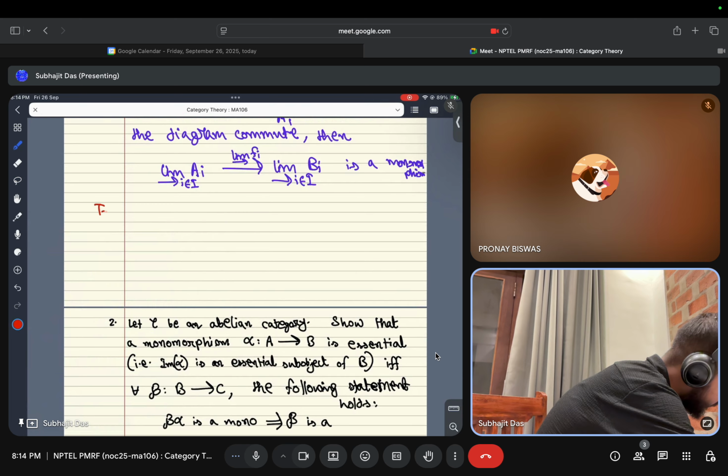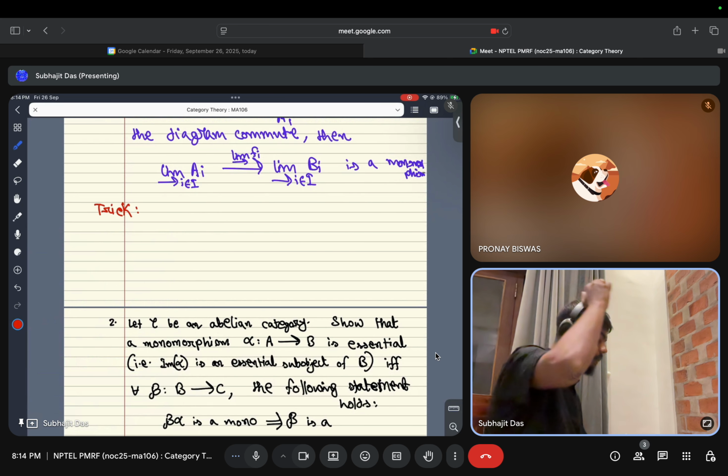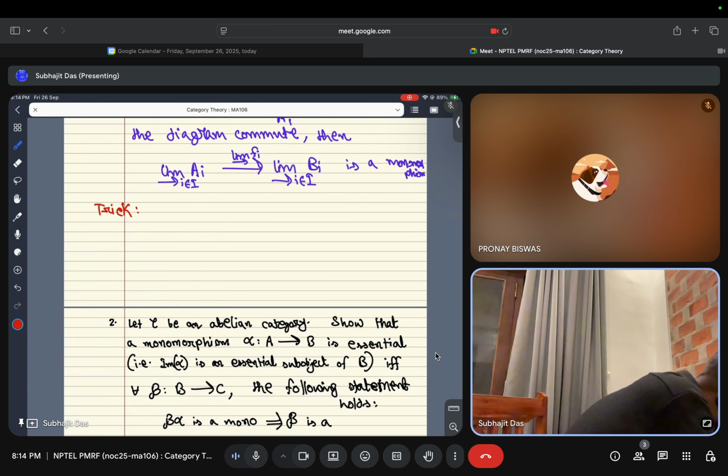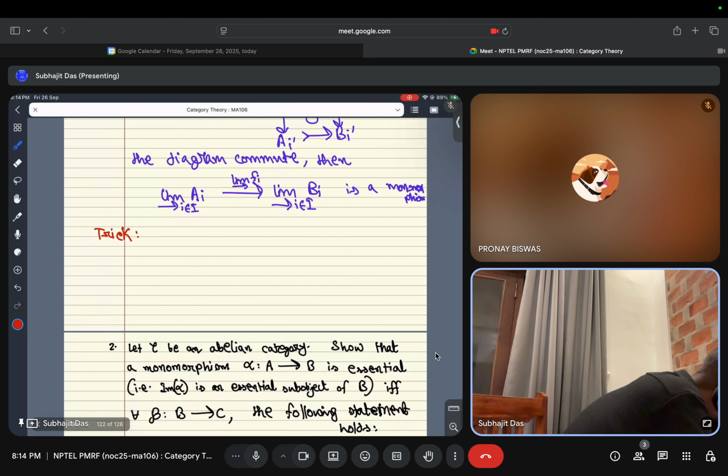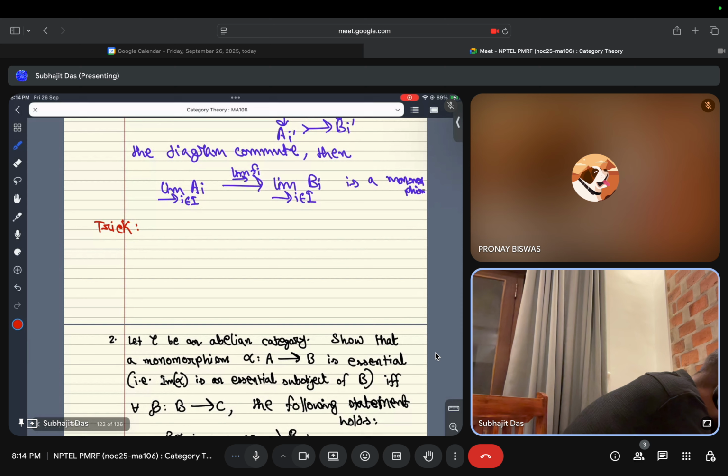So this is our trick that we use. The trick is to replace the arbitrary set I by a directed set.